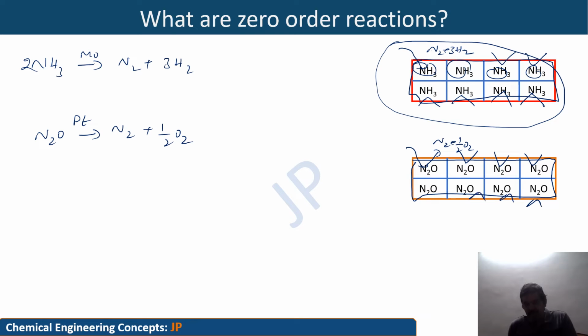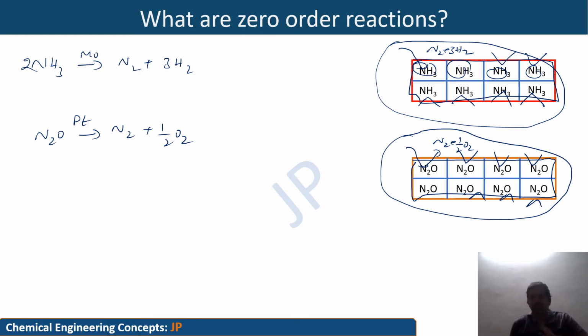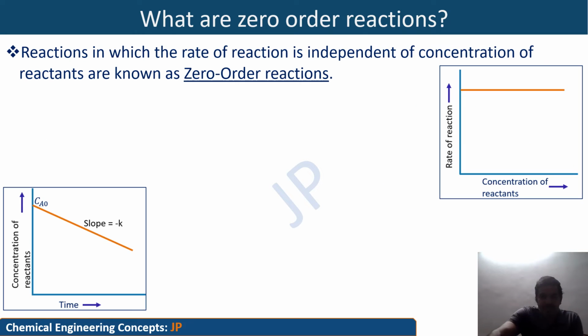As soon as the product forms, there is a vacant space that is readily occupied by the nitrous oxide reactant molecules present over the surface of the catalyst. In all these examples, the concentration of reactants seems to remain the same, but actually the reactants are converted into products as time proceeds. Okay, let us see what happens.